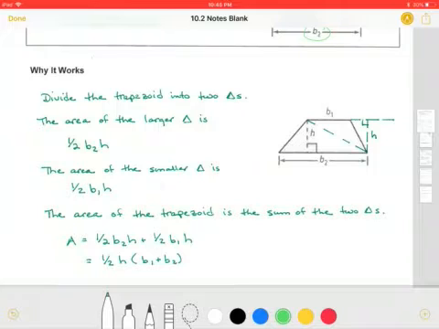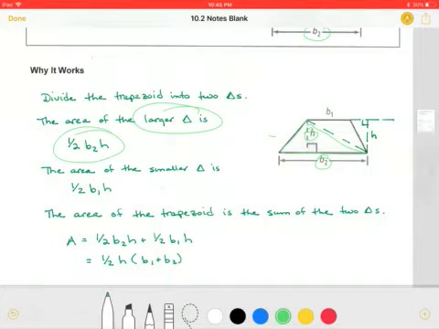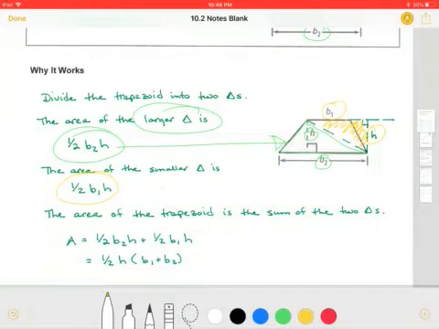If we break the trapezoid into 2 triangles, where we have this triangle here, where our base is B2 and our height is H, the area of this larger triangle would be 1/2 B2 times H. And if we look at the other smaller triangle, we can take the area of this where our base is B1 and our height is still H. So the area of that would be 1/2 base 1 times H. And if we add the two together, we see that these definitely have 1/2 common with both of them.